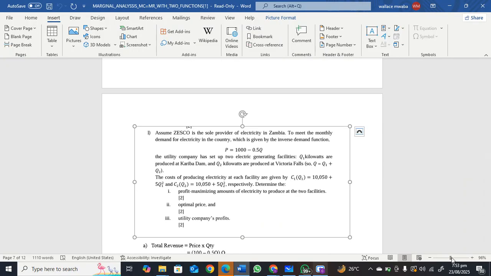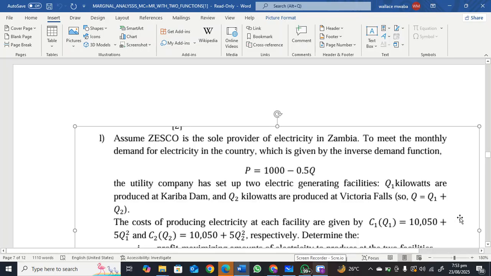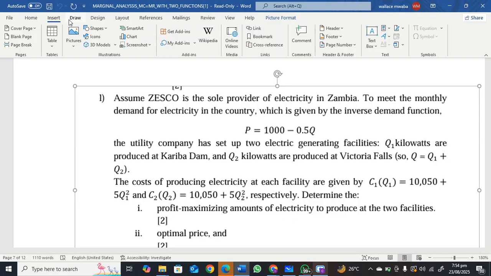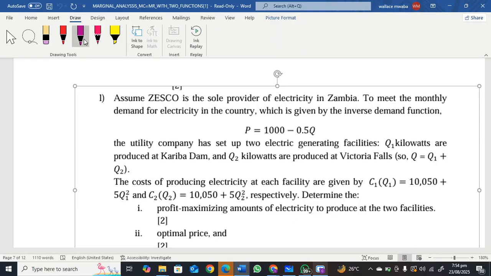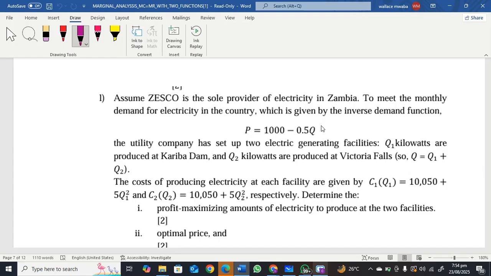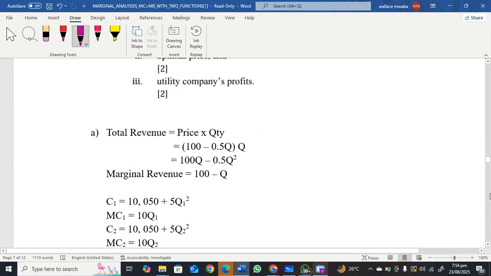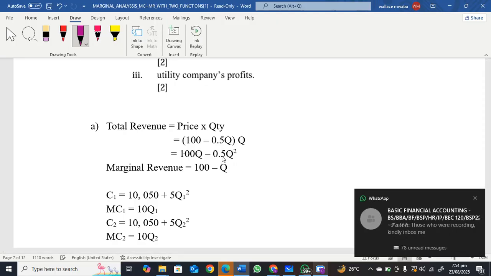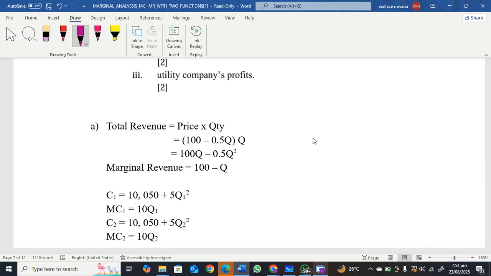Okay, for getting the total profit, the company's profits here, since we found Q, and we know what Q1 is, Q is that 166.67, you bring it here in the total revenue function. Substitute it with 166.67, and you get your total revenue.